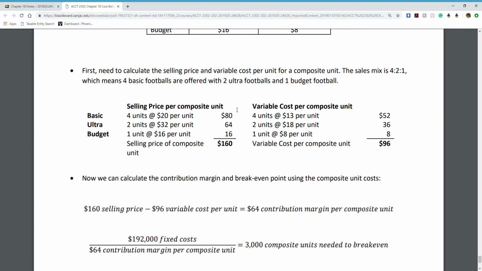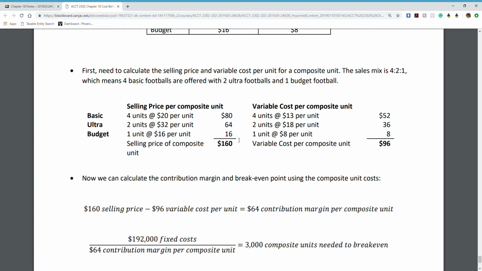So for the sales price of these 3: 4 times 20 is 80, 2 times 32 is 64, and 1 times 16 is 16. That means the selling price is 160 for all 3 footballs in this instance. This is our composite unit. Variable cost, same thing, and we come to $96.